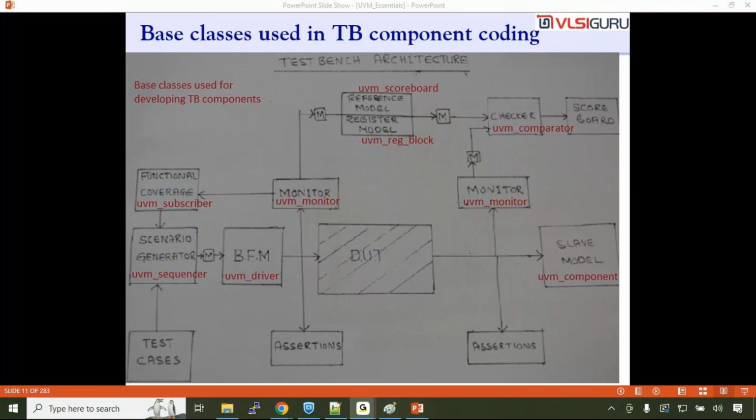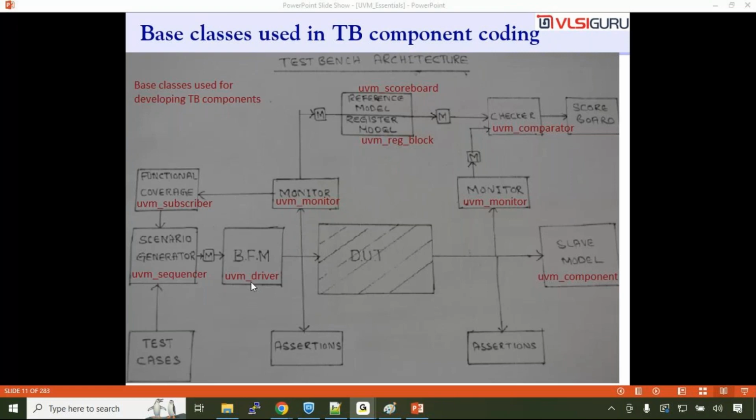So when I say base class, to develop a BFM, what does BFM stand for? Bus functional model. UVM provides a class called uvm_driver. Now you may ask, what is a base class?